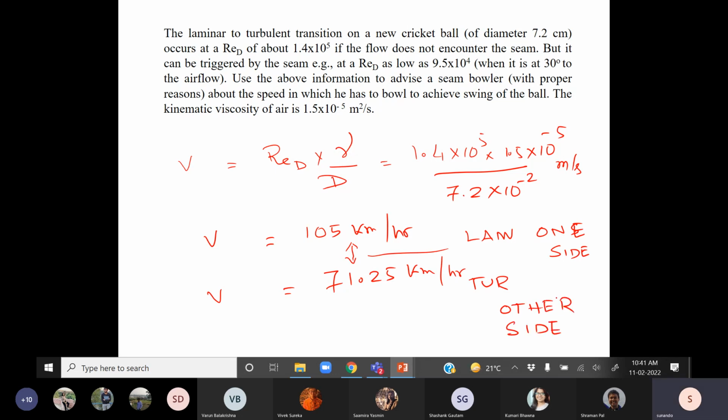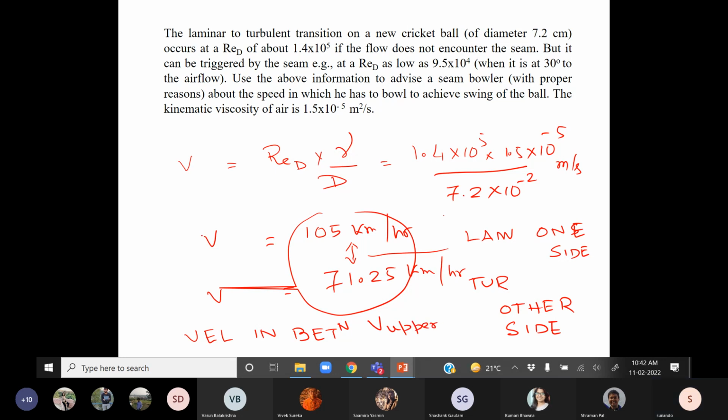So that's why in order to have swing, your velocity will have to be in between this range. I would call it V upper. So let's call it the upper limit of V, and this is the lower limit of V.